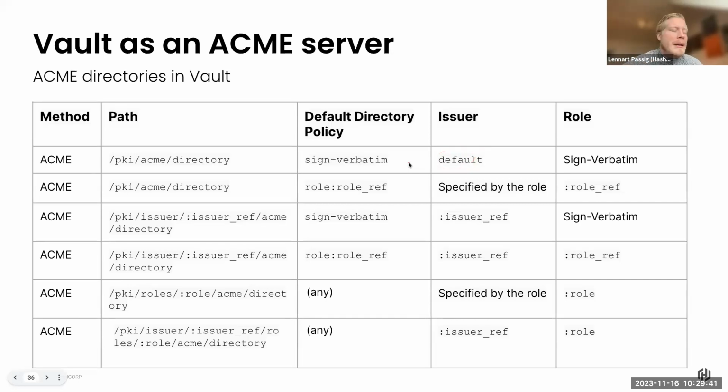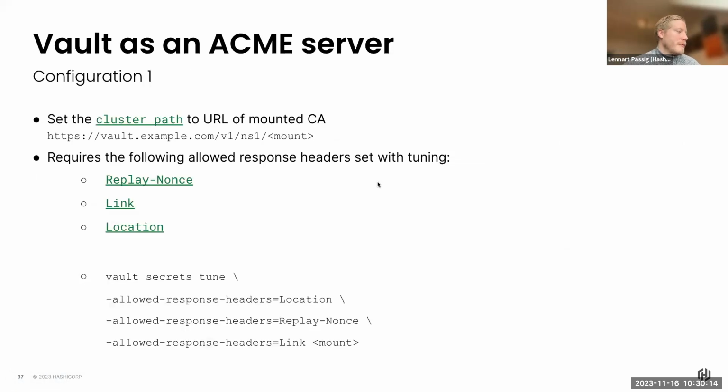But eventually what you want to introduce is maybe only certain roles can issue certain certificates, only certain issuer references, and so on. So you can play around a little bit with how much role-based access control you want, and how you want to configure Vault in order to create a proper certificate that works for you.